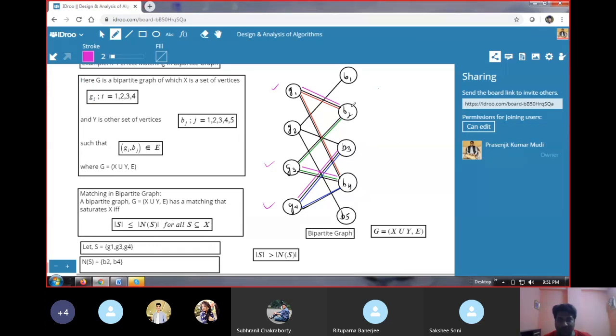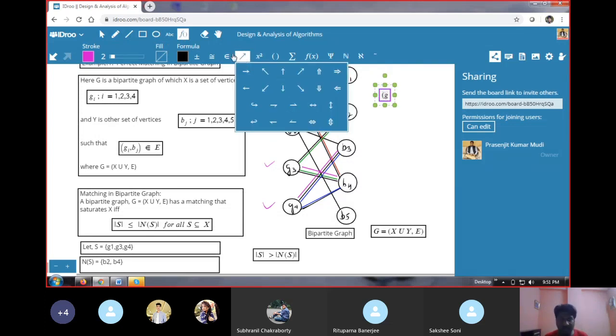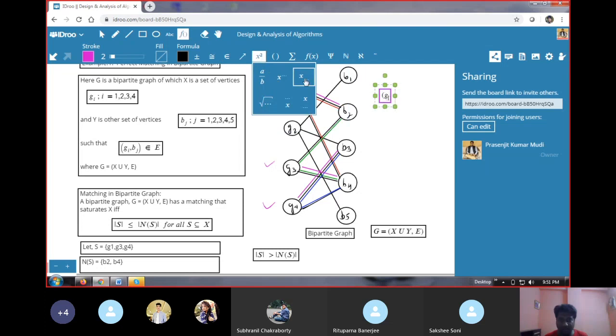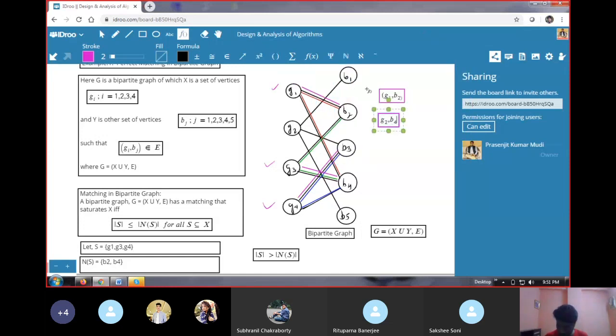So this is the line. G1 B2. Let me write the matching which we are trying to find out. One I have found, that is G1 comma B2. One match. Another is G2 and B4.